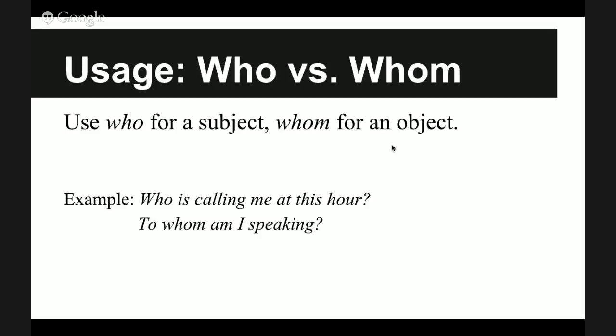So "To whom am I speaking?" is correct. So once again, this important rule is very straightforward, commonly used incorrectly, but really is a pretty simple rule to follow. We use who for a subject and whom as an object.